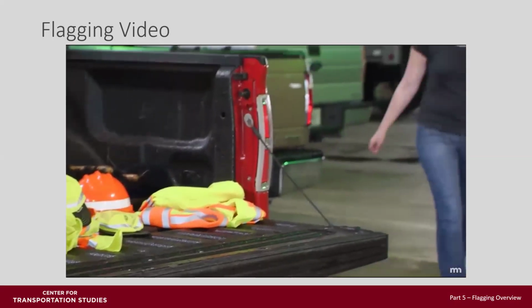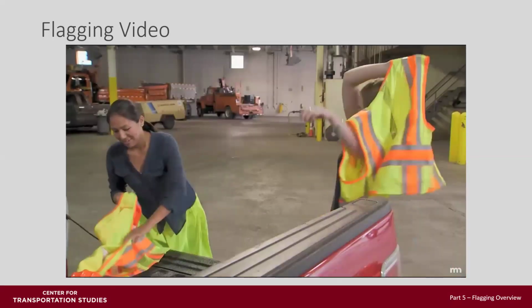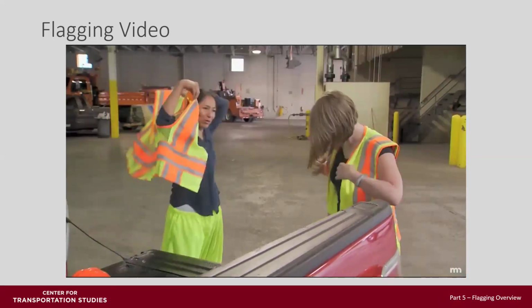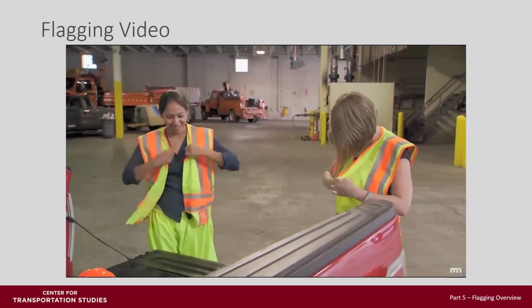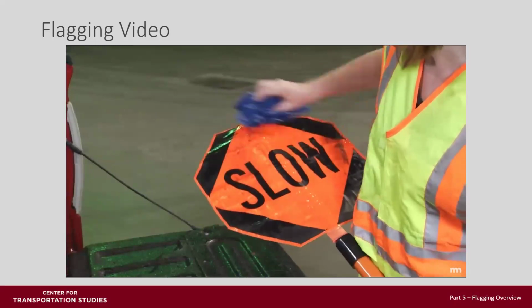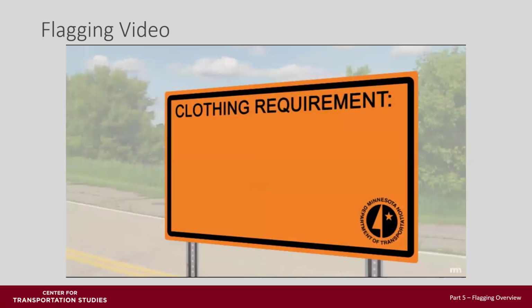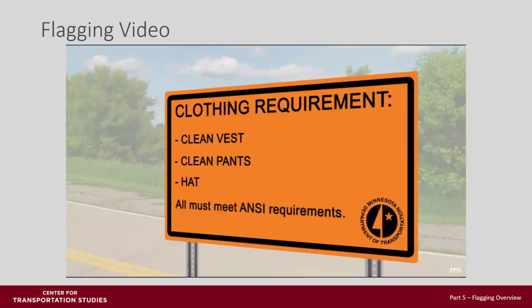Your first responsibility as a flagger is to have the proper clothing and equipment in good condition. Improper equipment reduces the driver's ability to understand your instructions. Neat dress and appearance also help you gain the driver's respect, making your job that much easier. On all MnDOT projects, your clothing shall include a clean vest, pants, and a hat that meet ANSI requirements.